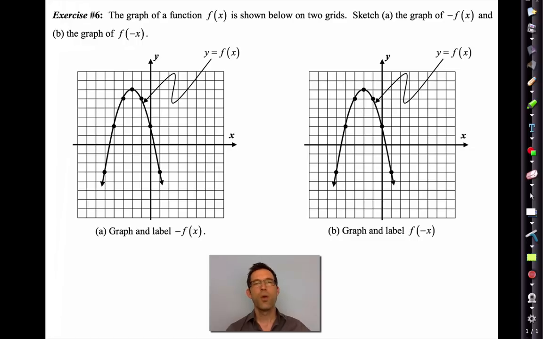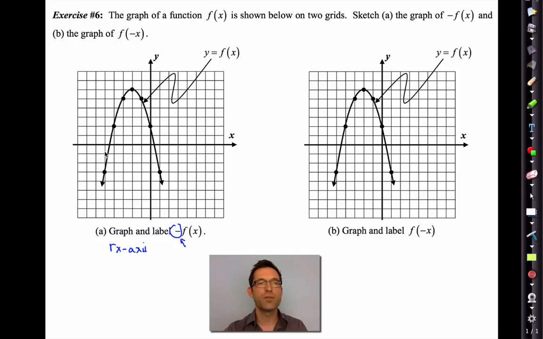Okay. Well, really, the reason I consider it sort of an exit ticket-like problem is that graph and label negative f of x, well, that's simple enough, right? This is going to be a reflection in the x-axis because we have multiplied the entire function by -1. So it's great.